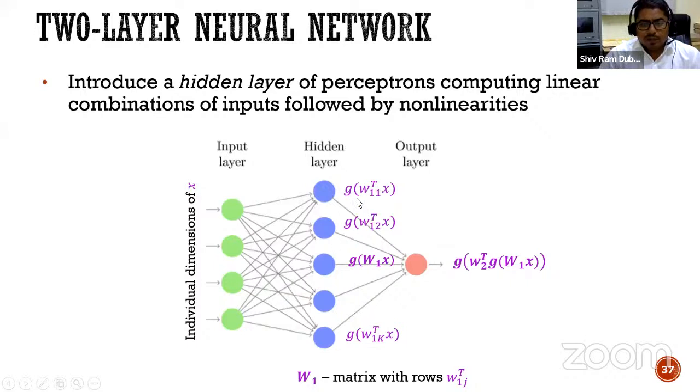So what happens now? If the number of neurons in the hidden layer is more, then the amount of non-linearity that we are introducing in this neural network will also be more.